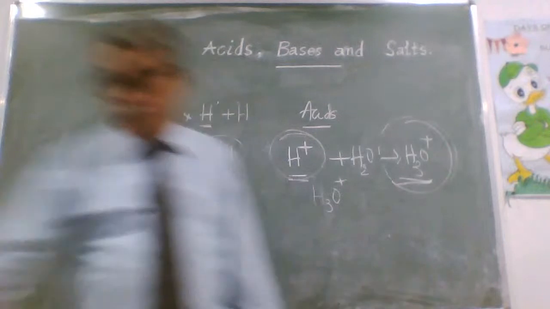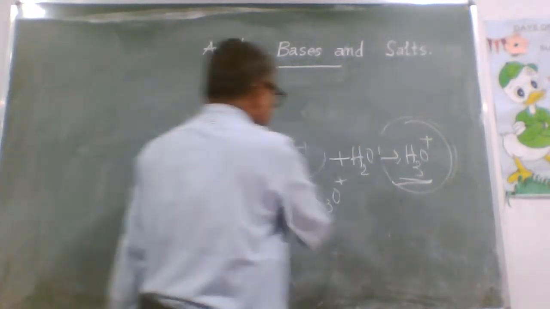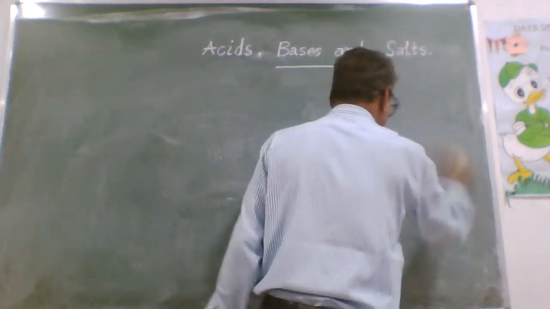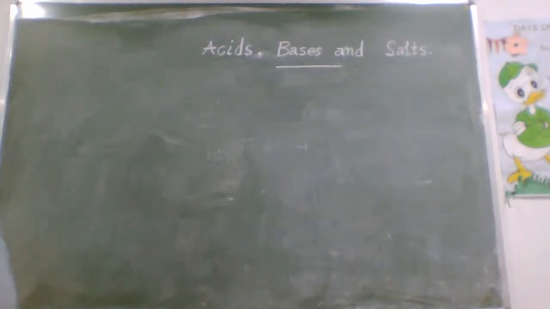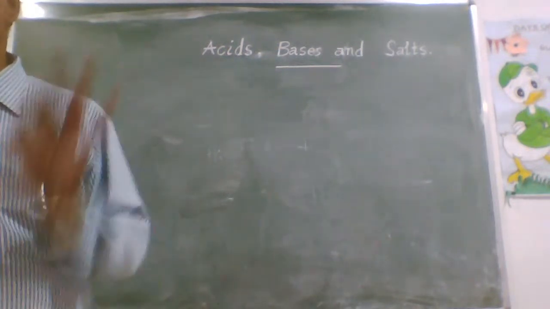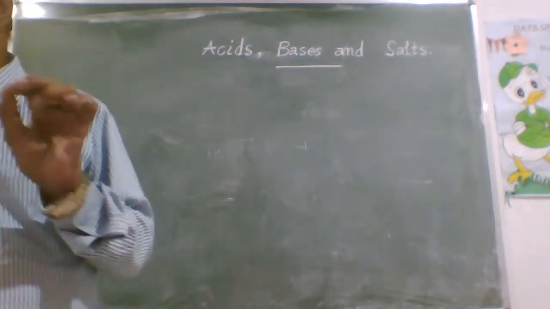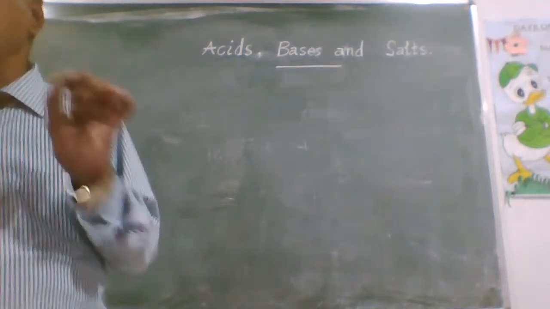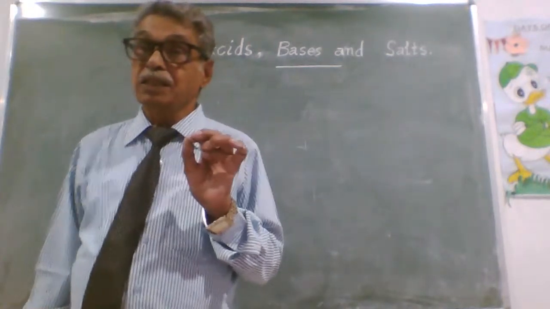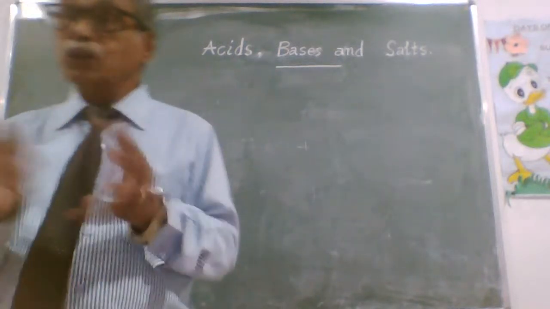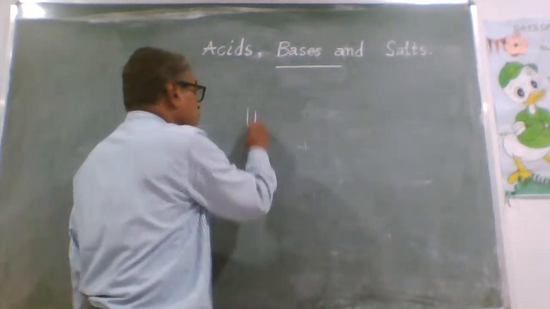So I have told you two things now. Number one, an acid is a compound which contains replaceable hydrogen ions in solution. Since hydrogen ions have no free existence, it combines with another molecule of water and forms hydronium ion, which I told you is H3O plus.